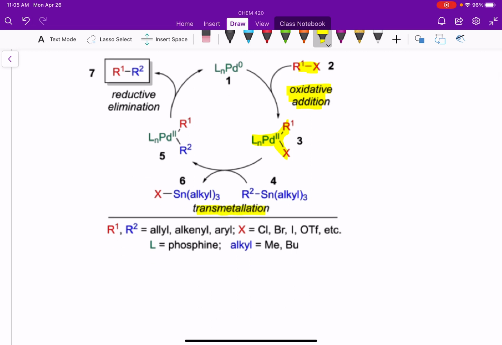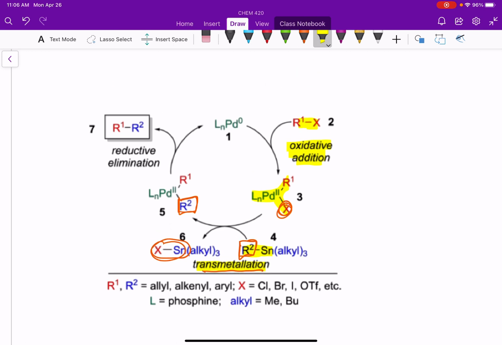Then you have a process called transmetallation, where the tin carbon complex will switch. So the halogen will then be bound to the tin, and R2 will then be bound to the palladium. That's called transmetallation. And then finally, we have a process called reductive elimination, where your metal goes back to palladium 0 and you formed your coupled product.